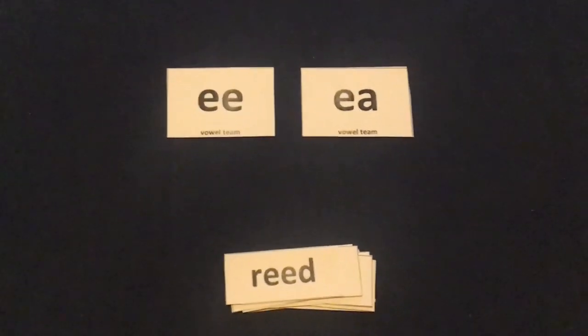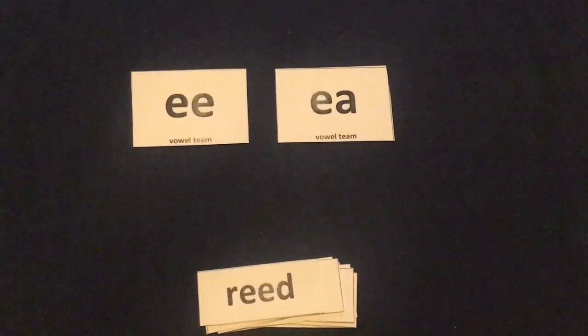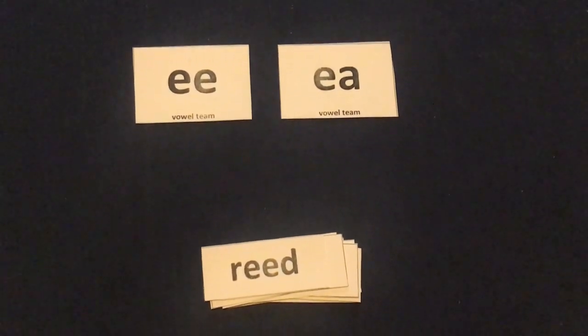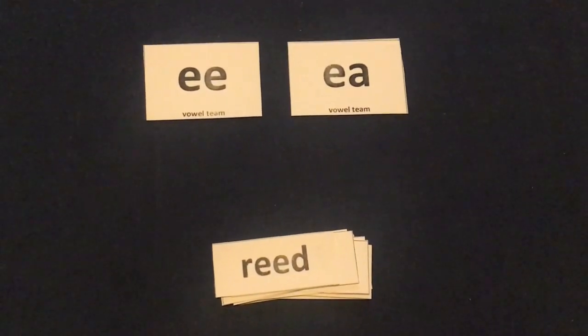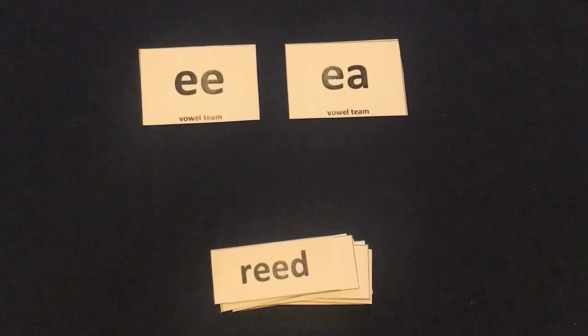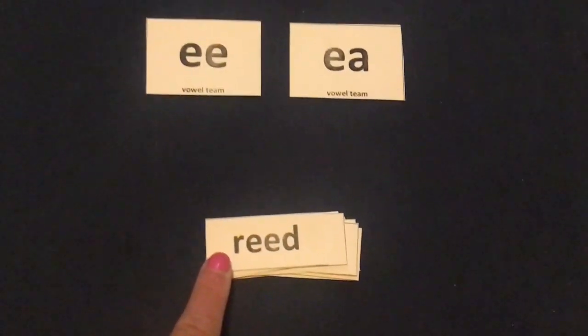We've been working on the EE and EA vowel teams. Reading the vowel teams is not very tricky. But knowing which one to use, whether it's EA or EE, so understanding the meaning of them, that's the tricky part. So we have a little game, and we're going to have the teacher and student. One of you will read a word, and then you'll put that word into context by making it into a silly little story.